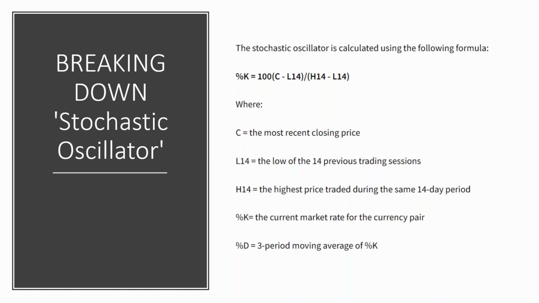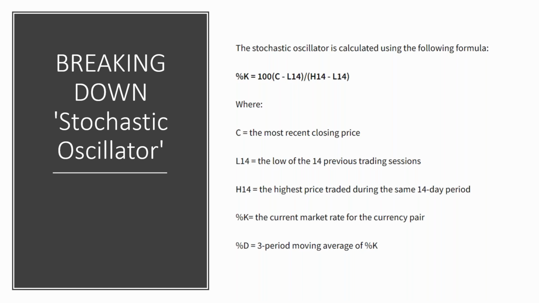So the percent K line, or the main line, is simply 100 times the most recent closing price, so we're looking at a 1 hour chart, it's the close of that last 1 hour, minus the low of the 14 previous trading sessions, divided by the high of the 14 previous trading sessions minus the low of the previous 14 trading sessions.